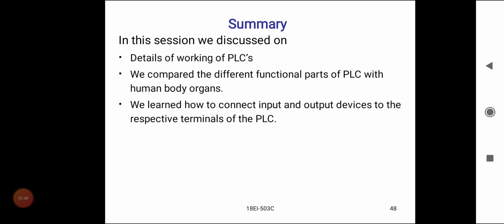A program port is also there. L1 and L2 terminals are the 230 volts AC supply. The input push buttons and switches are connected to the input terminals. The outputs are connected to the Y1 terminals.